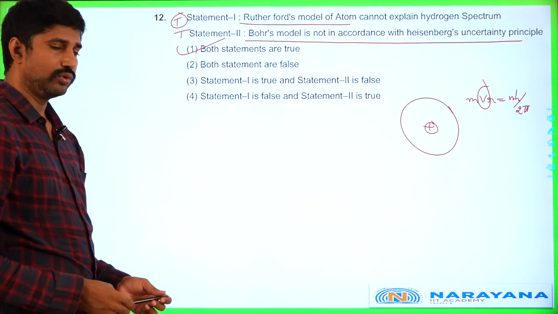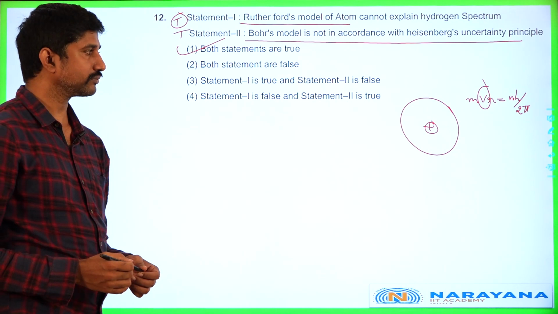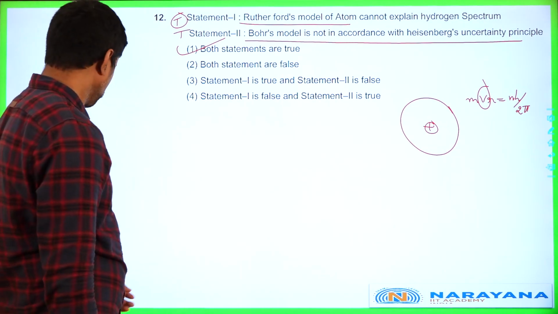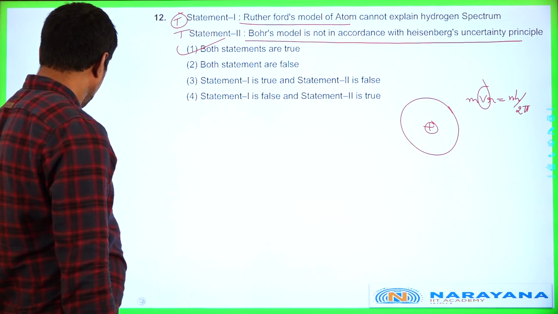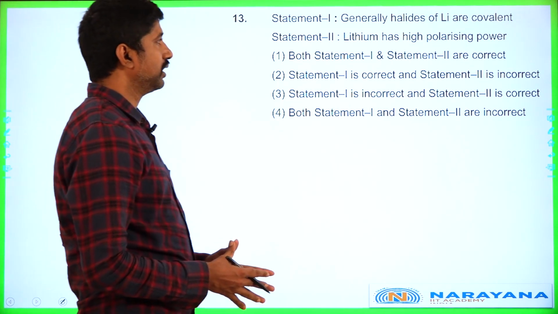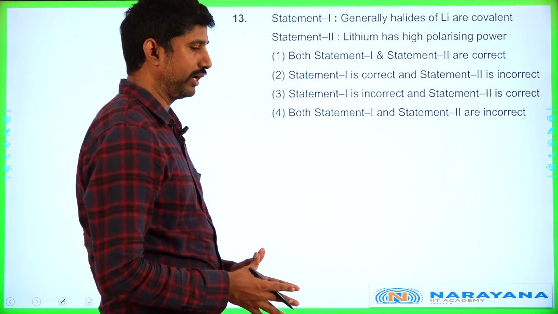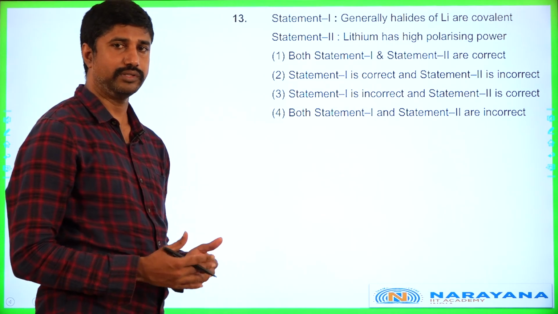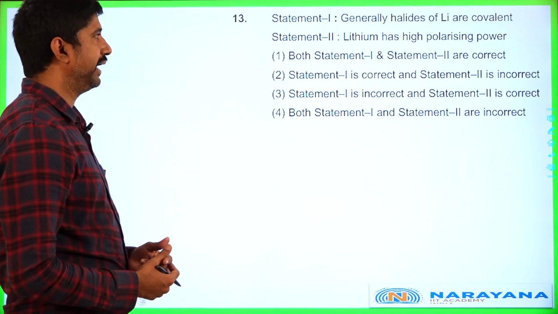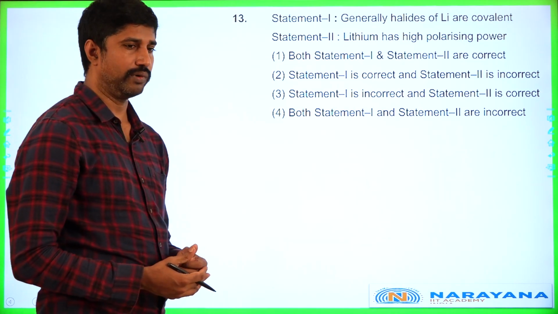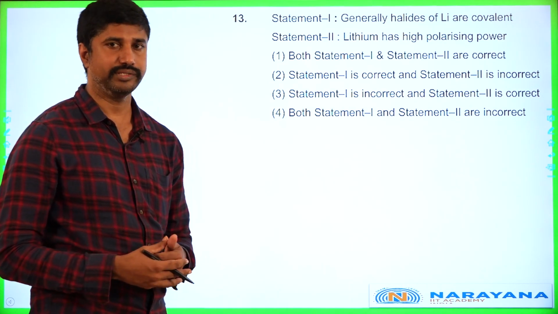Next, let us go for the 13th one. Generally, halides of lithium are covalent, and lithium has high polarizing power. Lithium ion has high polarizing power.